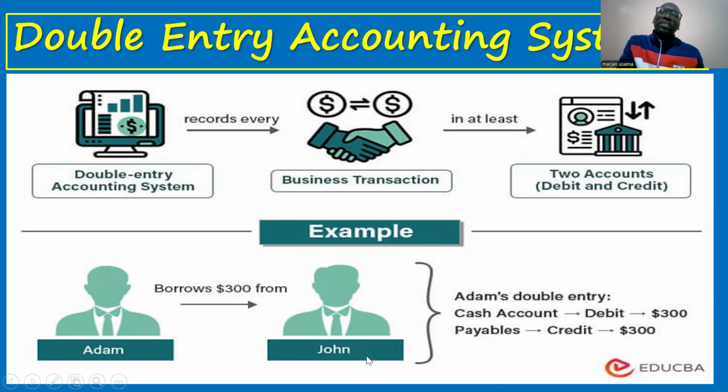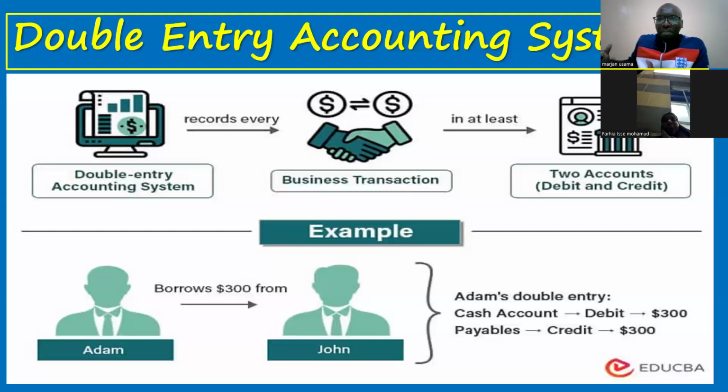So in the double entry system, this is how you're going to record this transaction. The cash account is debit. So what is going to happen to the debit account? It's going to increase with $300, right? Because I'm borrowing money, my pocket is going to have something.